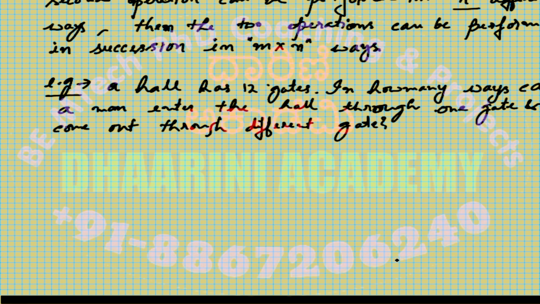So there are 12 gates. One can enter through one gate, but he has to come out from a different gate.